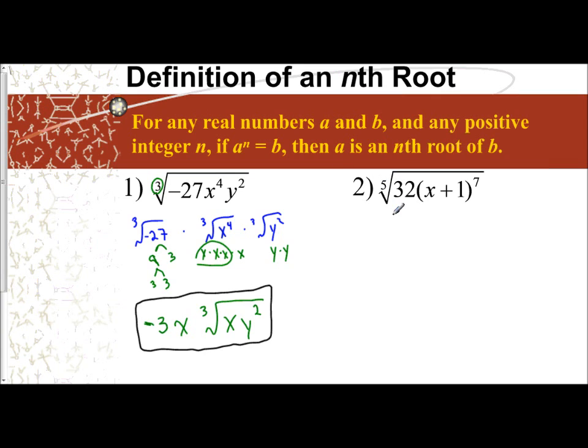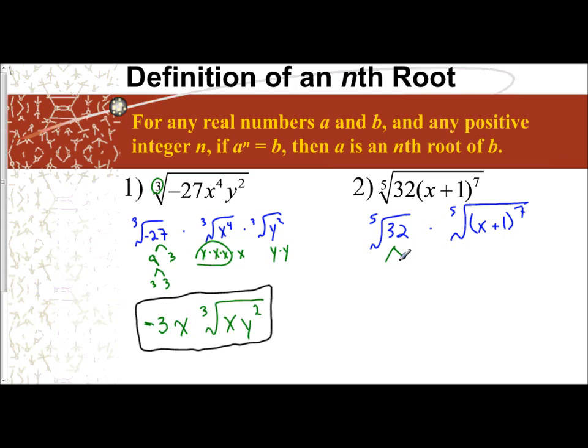So we have the fifth root of 32 quantity x plus 1 to the seventh. So I'm going to break it apart so we can look at them separately. Fifth root of 32, and I have the fifth root of x plus 1 to the seventh. Well, fifth root of 32, I know off the top of my head is 2.